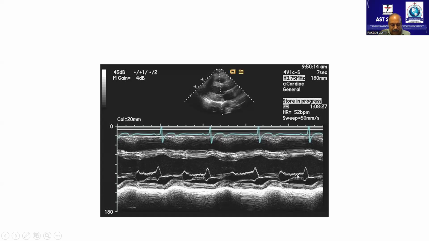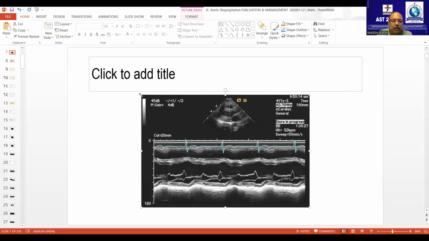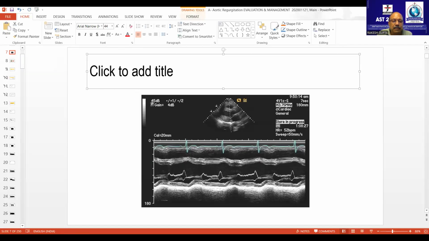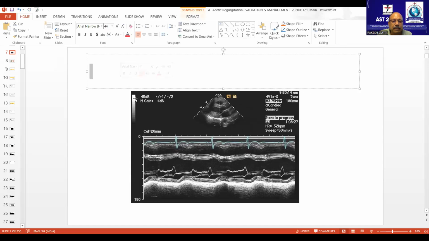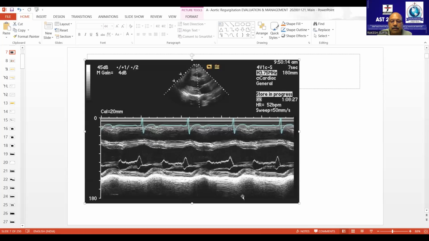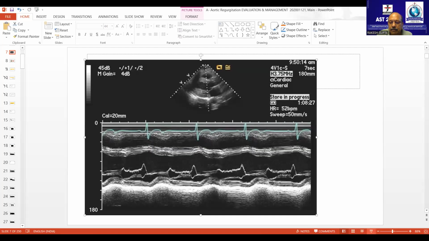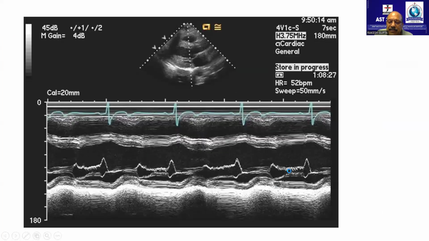If I zoom this image bigger, look at this fluttering. This is sawtooth appearance.